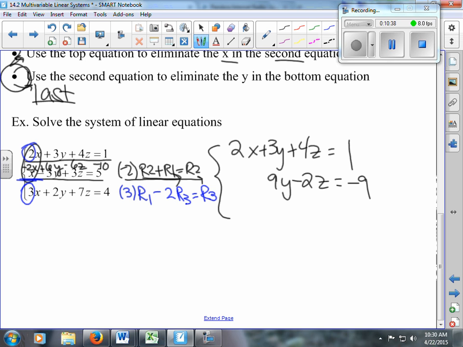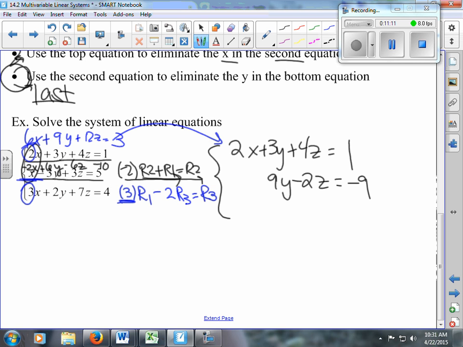Okay? Notice I'm not actually changing row 1, right? Row 1 I've already said is the same. But for the purposes of eliminating the x in the third equation, I'm going to multiply the coefficients in row 1 by 3 in order to eliminate this x. Okay, so I'll get 6x plus 9y plus 12z equals 3.